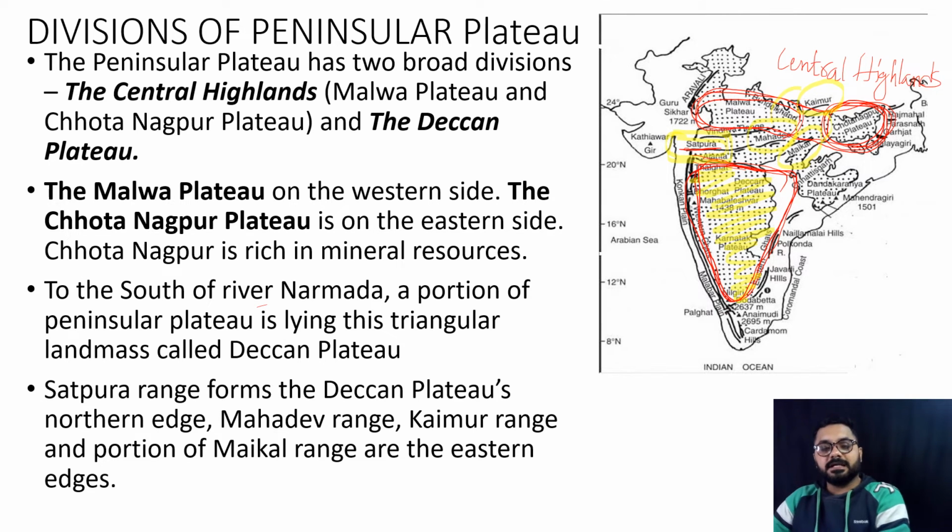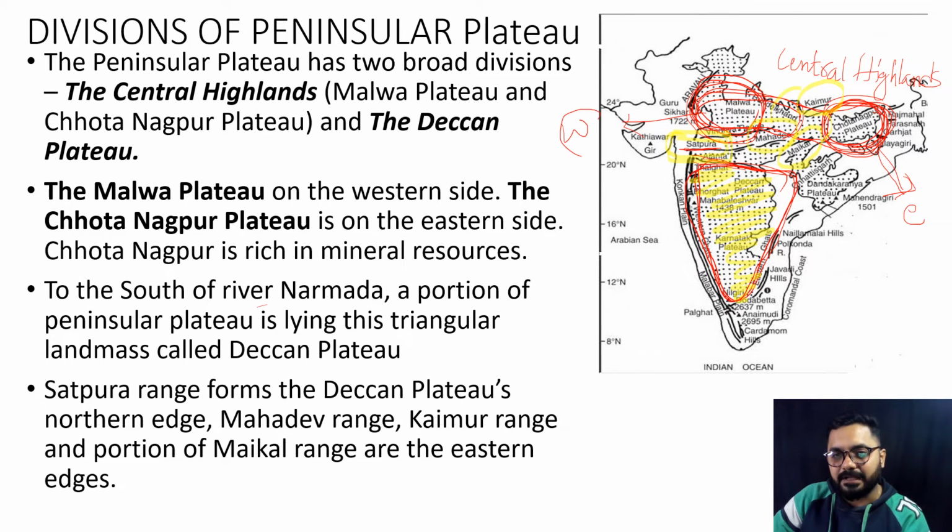Let us talk about the Malwa Plateau first. The Malwa Plateau is on the western side of India, and the Chota Nagpur Plateau lies on the eastern part of India.